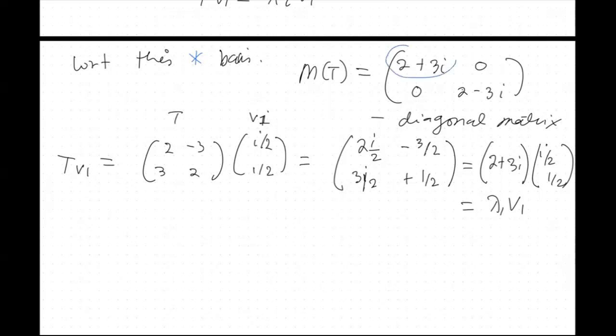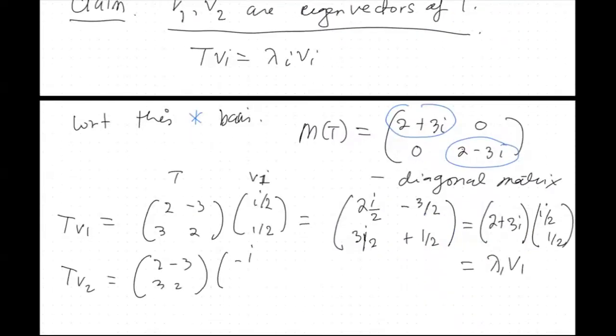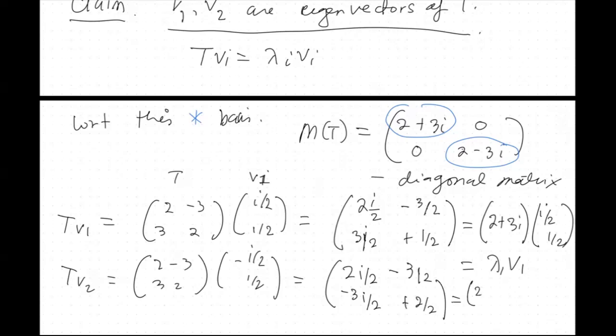And then for the other one, I can verify the following: T V2 is just the matrix 2, negative 3, 3, 2 applied to V2, which is negative i over 2 and 1/2. This gives us 2 times negative i over 2 minus 3 times 1/2, and the other component is negative 3i over 2 plus 2 over 2, which is just 2 minus 3i times negative i over 2 and 1/2.